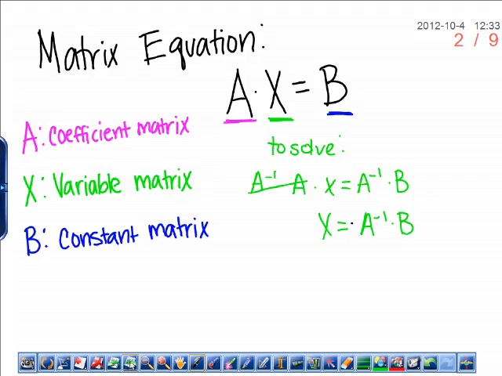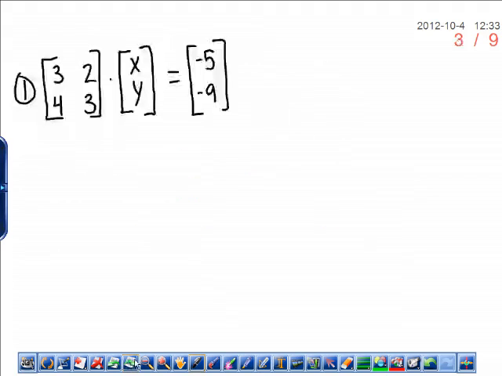All right. So let's look at a matrix equation. Here's a matrix equation written out for us. So, this is matrix A times matrix X equals matrix B. I want to solve for X and Y. I want to solve for my variable matrix. So, what do I do to both sides? Multiply by the inverse of A. Yeah, multiply by A inverse.